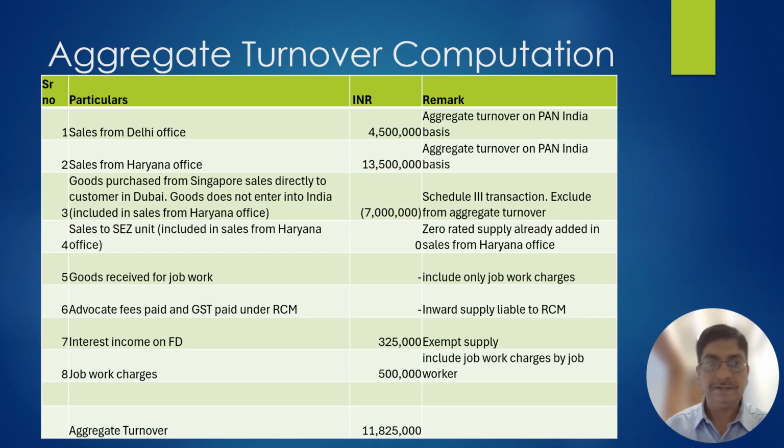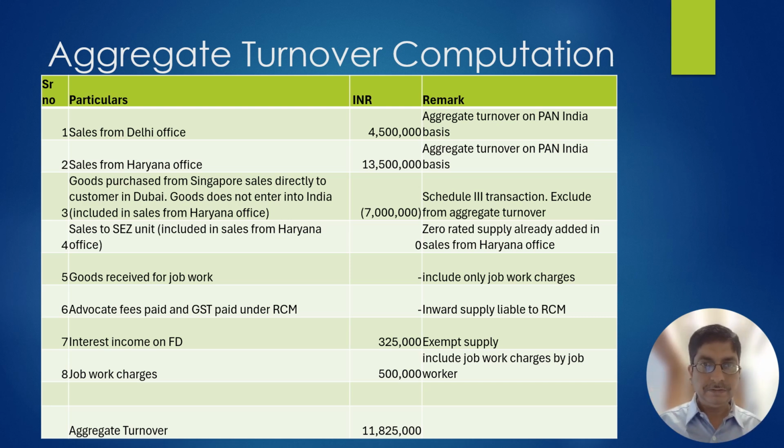Let's see the answer. Sale from Delhi office, 45 lakh. Straightforward, include in the aggregate turnover. Sale from Haryana office, 1 crore 35 lakh, minus Schedule 3 transaction, that is goods purchased from a non-taxable territory and supplied to another non-taxable territory without goods entering into India, 70 lakh.